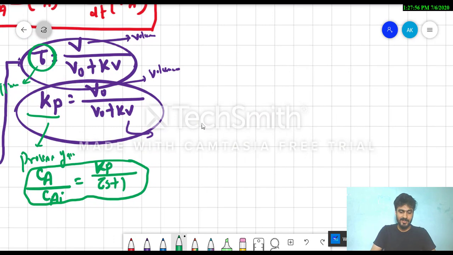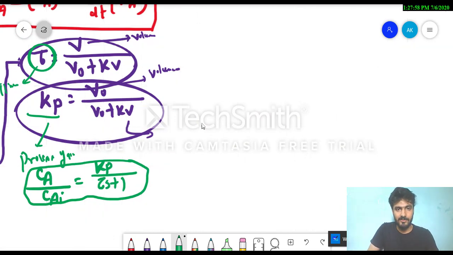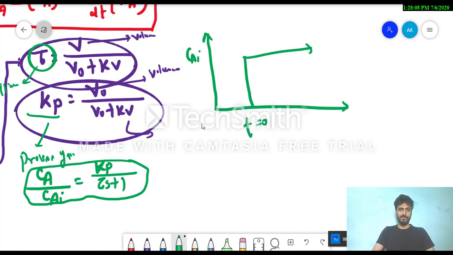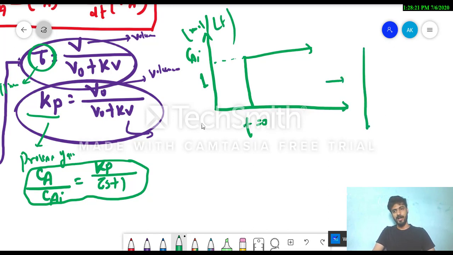Okay. Now understand one thing, what is happening here. If you apply a step input in Cai at t equals 0, of a unit 1 mole per liter, here the unit will be mole per liter. Okay, so what will be the output you will be getting after a step input?